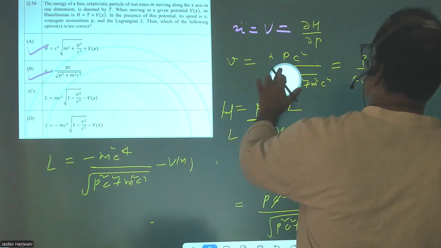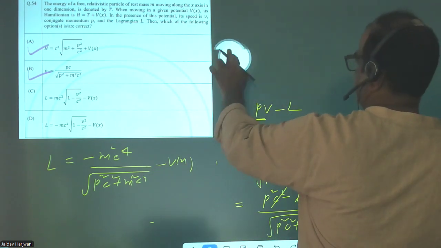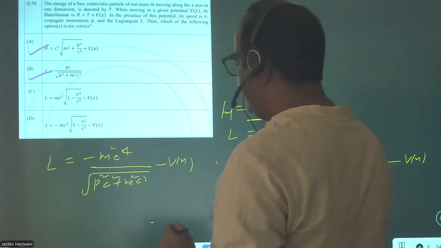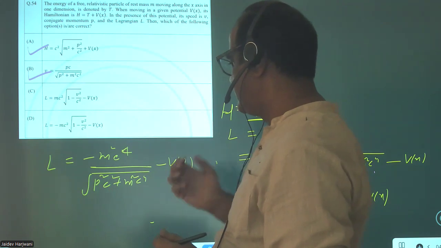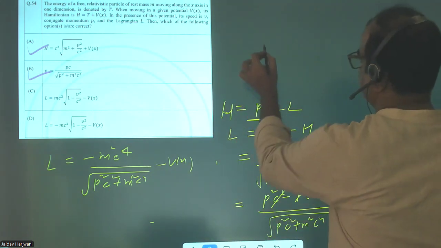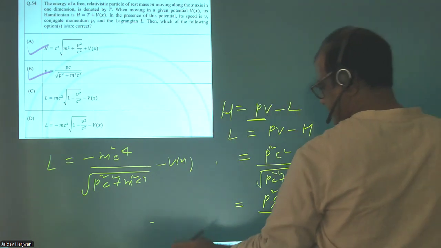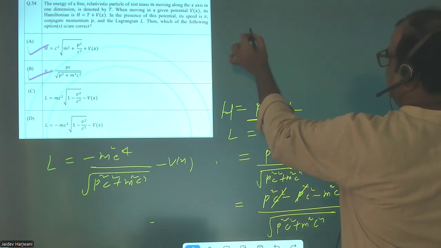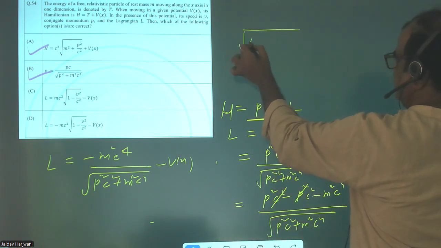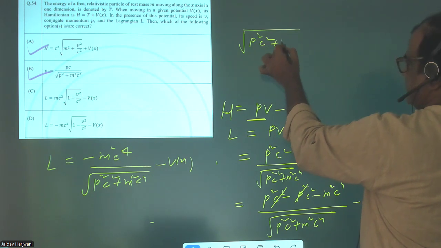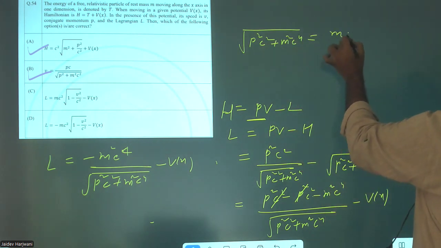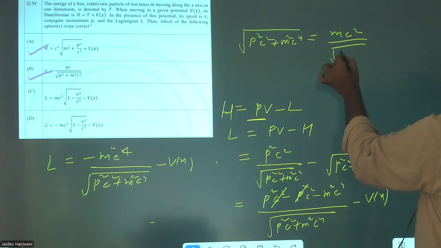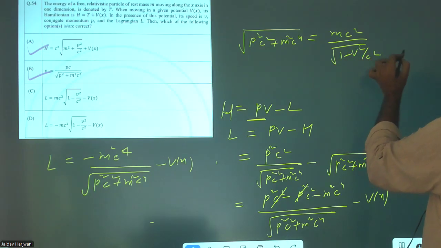Okay, now I can make it simpler. If I put the value of P from this equation to this equation, I can show you, we can easily prove that this expression P square C square M square C4 is equal to MC square 1 minus B square by C square.